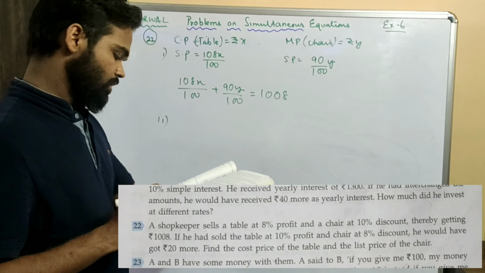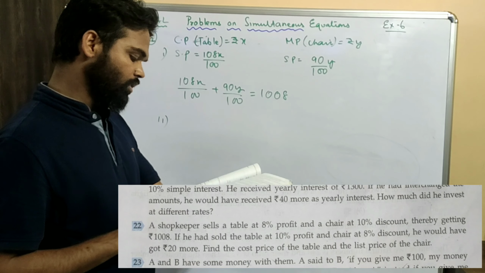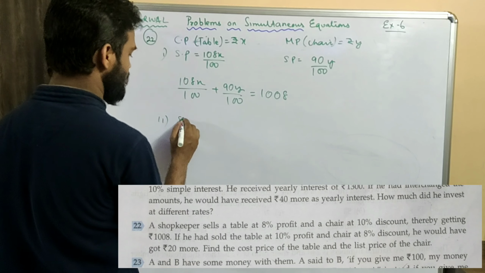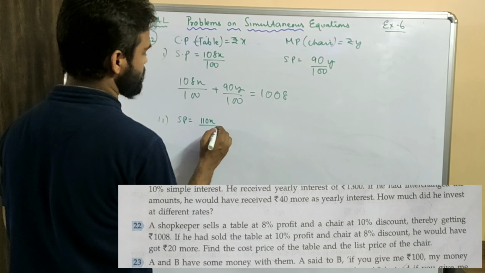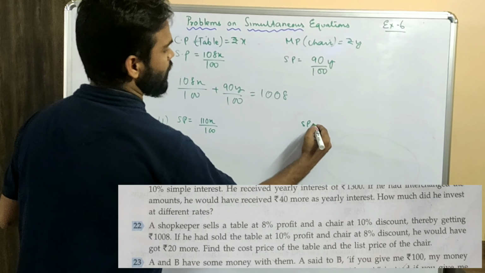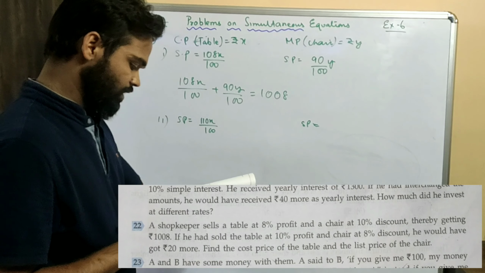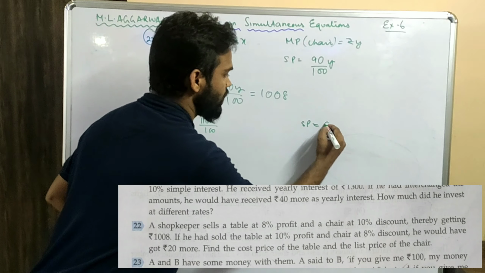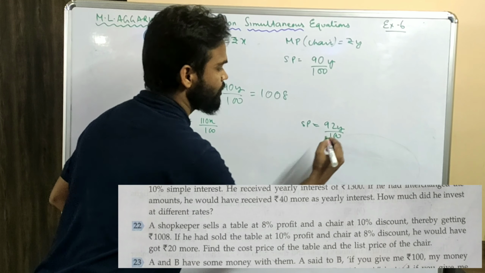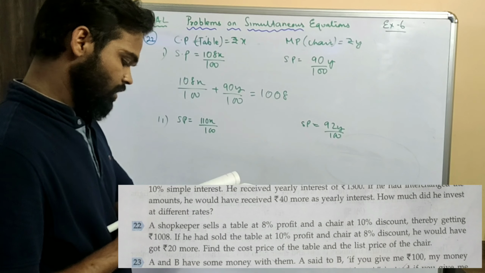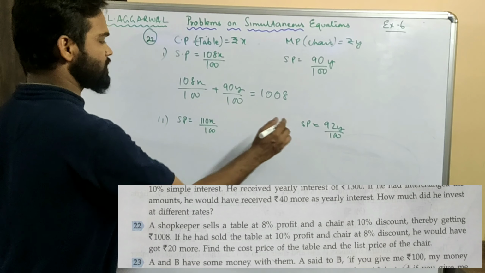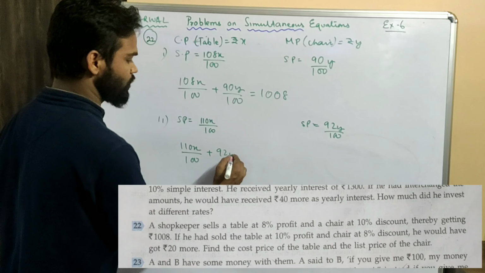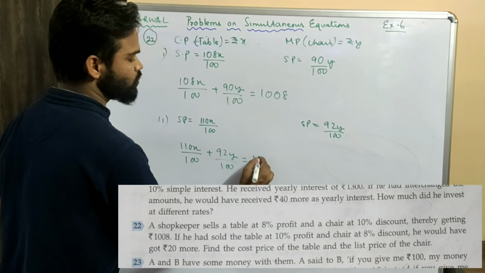Second, if he had sold the table at 10% profit, which means SP will be 110x by 100, and the chair at 8% discount, so 92y by 100, then he would have got rupees 20 more, which means 110x by 100 plus 92y by 100 equals 1028.